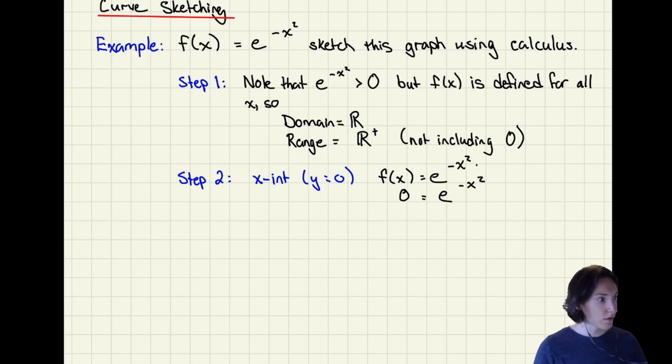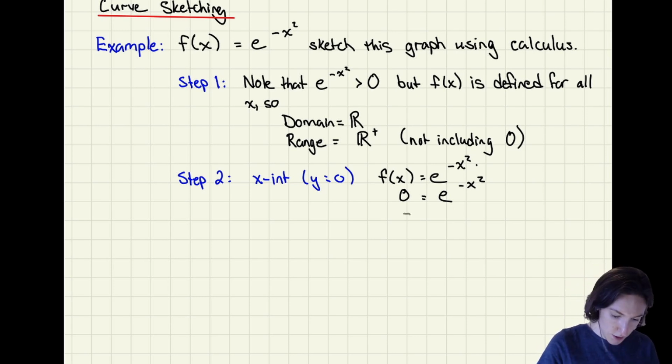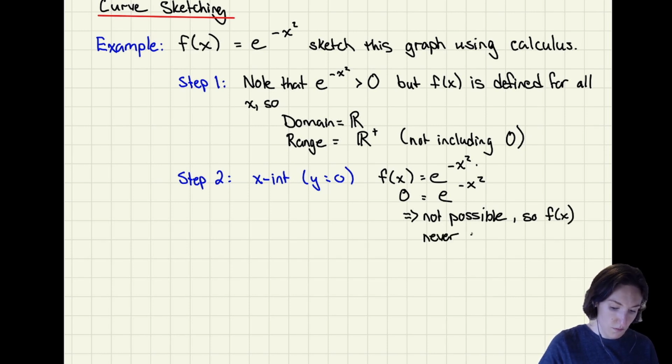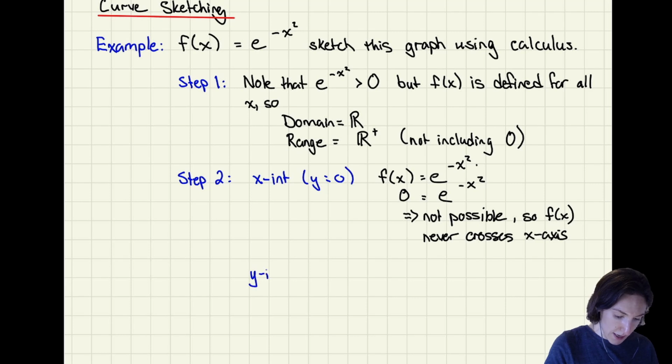Is it possible for this to ever happen, for the e to the negative x squared to be 0? No, it's not. So this is not possible. So f of x never crosses the x-axis.